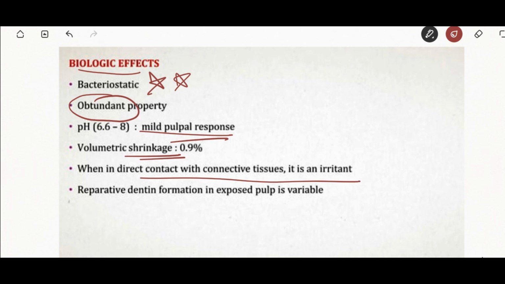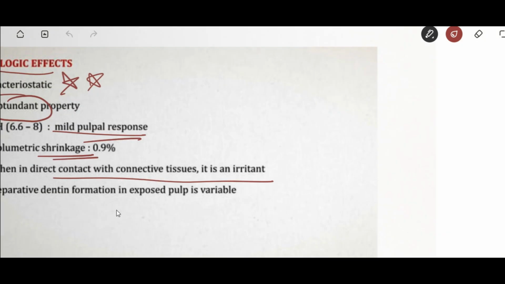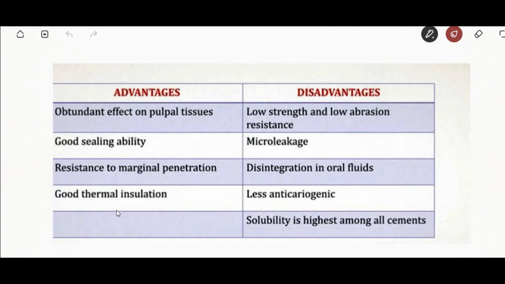Which cement is the least irritating of all cements? It is zinc oxide eugenol cement. Which cement has obtundant properties? It is zinc oxide eugenol, as it inhibits the growth of bacteria and has a soothing effect in deep cavities, and hence it reduces pain.